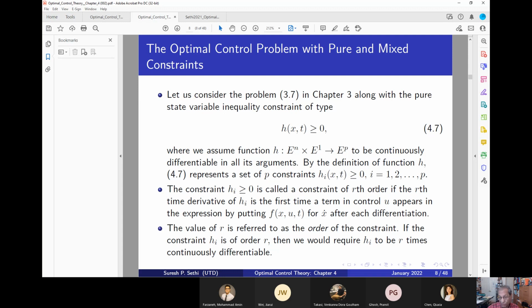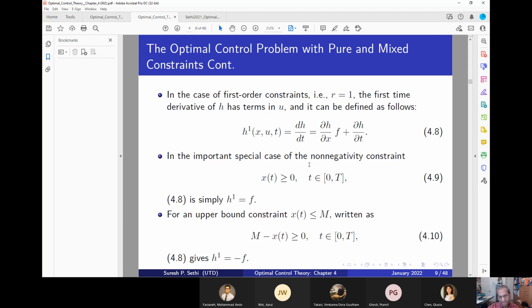I already gave you what rth order means. Rth order is when you take r derivatives before you see a u term on the right-hand side. So we'll only deal with first-order constraints, which means r equal to 1. When I take the derivative of this constraint h, which I will call h1, which is dh/dt, a total derivative, it will be the partial of h with respect to x times f, plus the partial of h with respect to t.